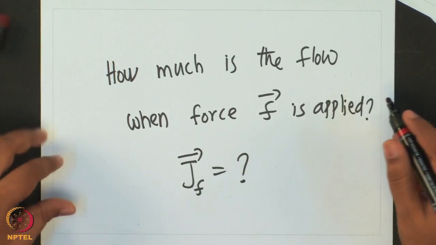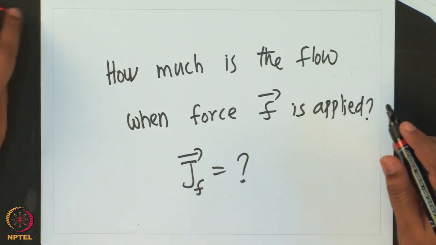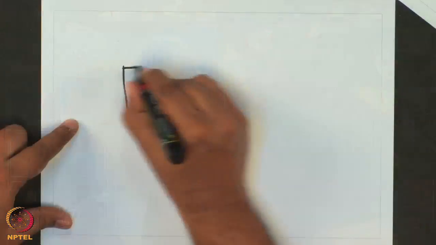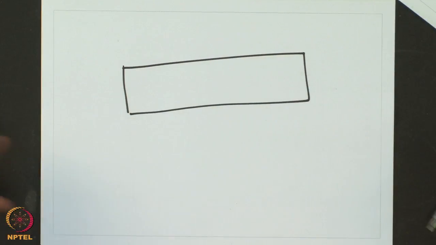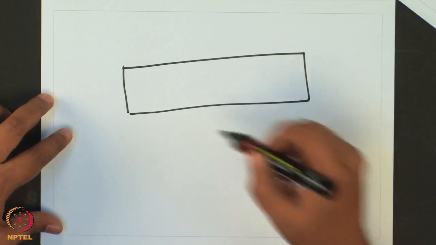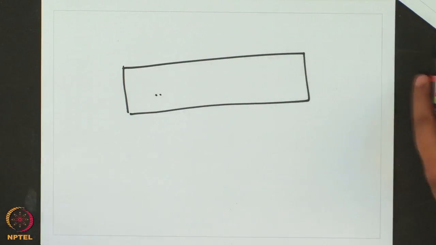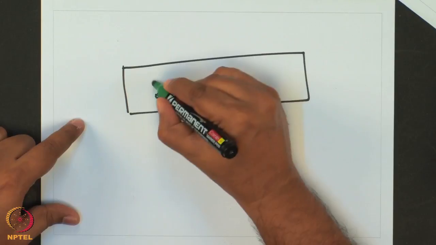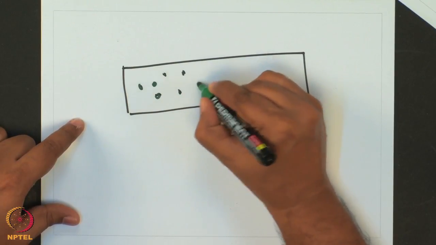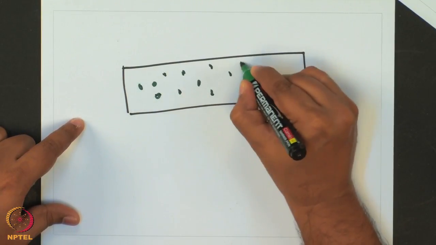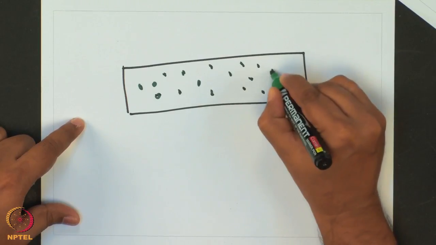So let us think of some situation where you have an electric field and things are flowing. This flow could be in any direction, depending on the direction of the electric field or the force that you apply. So let us think of low concentration here, a uniform concentration, like there are particles, some uniform concentration everywhere.